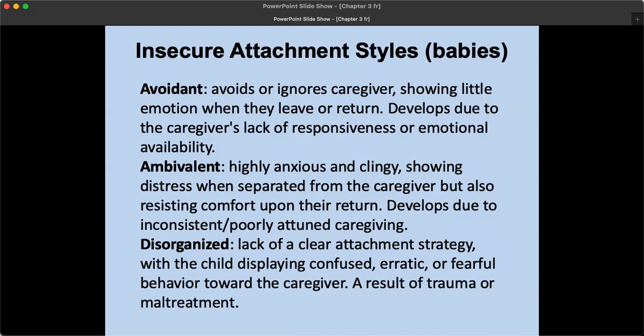The ambivalent babies are very clingy and get really upset when separated from their caregiver, but when the caregiver comes back, they're mad. These are the babies that are like, no, I'm mad at you because you left.